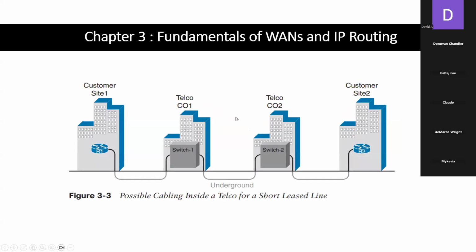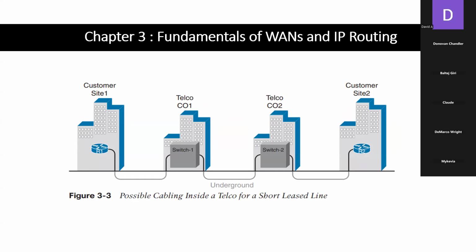So let's say I have site one and I have site two. In the previous diagram, it looks like it was one cable, but no, not exactly. So site one, router one, connects to a switch, hear me out, underground, maybe to a device on a telephone pole or to a data center that the telco owns.